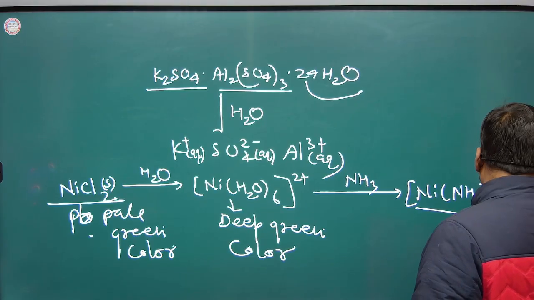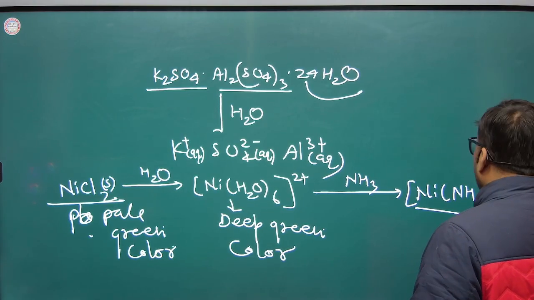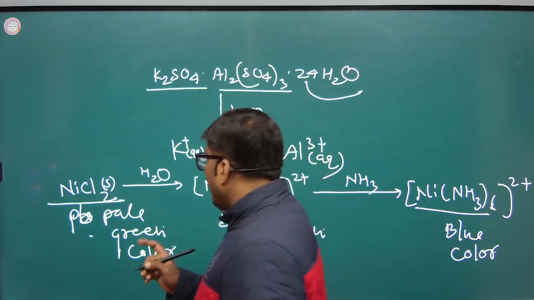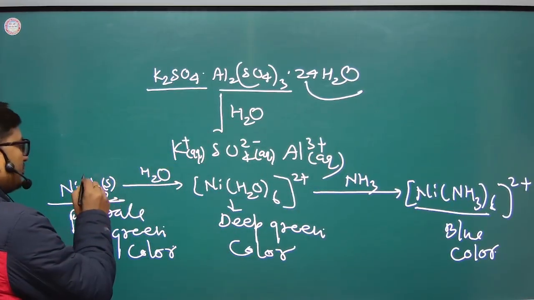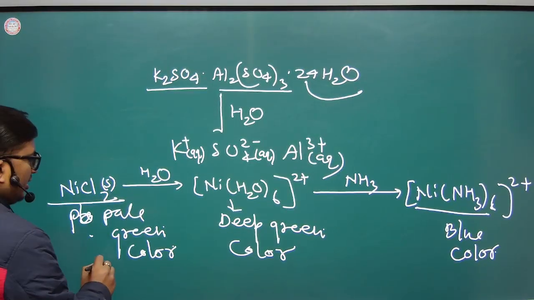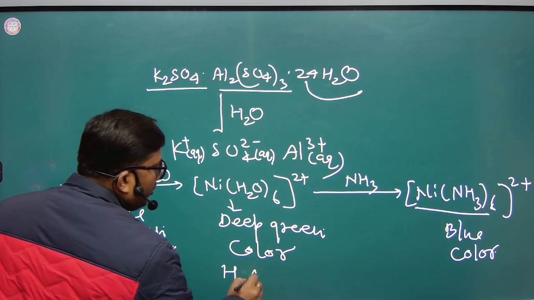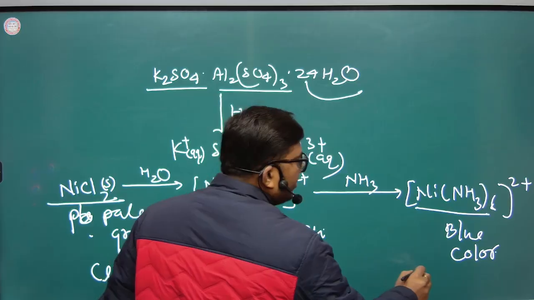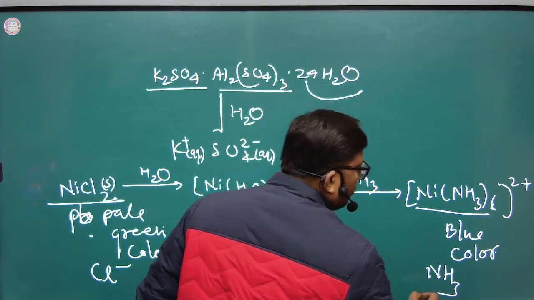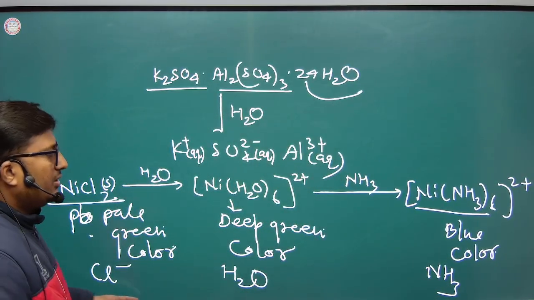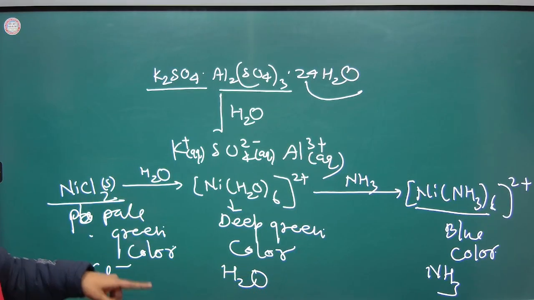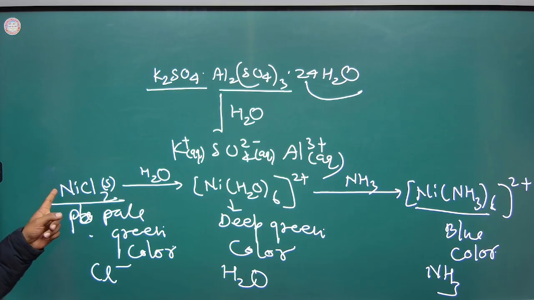Here this is chloride, Cl-, here it is H2O, and here it is NH3. The role of these three species is different with respect to the nickel metal.